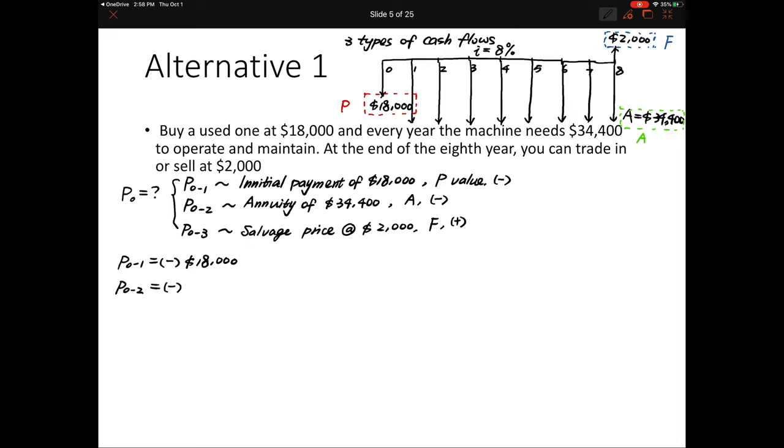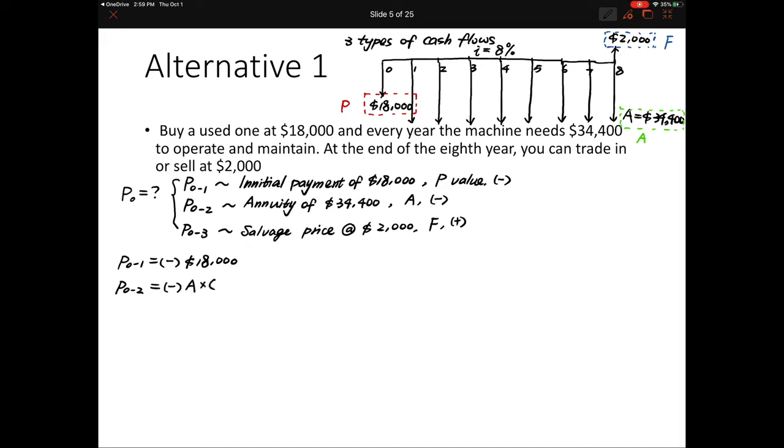Okay, and P02 is from the annuity. First, it's negative. It's from the annuity, which means you are looking for a P-value given an annuity, right? At the interest rate of 8%, and the compounding period is 8 years.